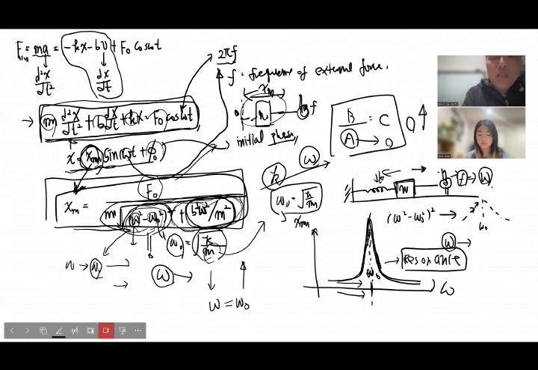I'm just giving you a conceptual overview of how this forced harmonic oscillator works within certain conditions. So when the external frequency of the driving force is the same as the natural frequency, you have a huge magnitude of displacement of this mass m, because all the energy from the motor is used to move this mass m with the spring constant k. So that is the maximum amplitude.